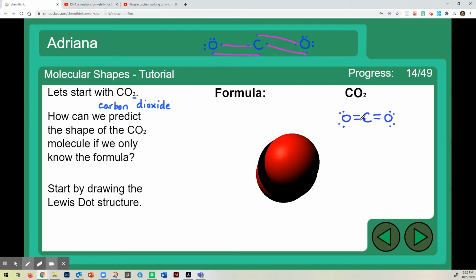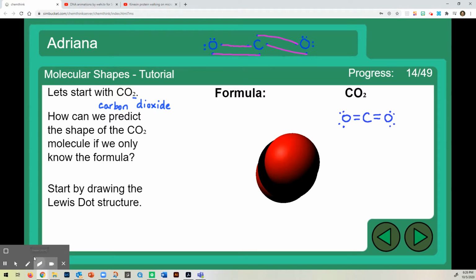Each of these lines represents 2 electrons, so 2, 4, 6, 8. So carbon is very happy. Oxygen also wants to have 8 electrons around it, so 2, 4, 6, 8, and 2, 4, 6, 8. So all 3 of these atoms have satisfied their octet rule.